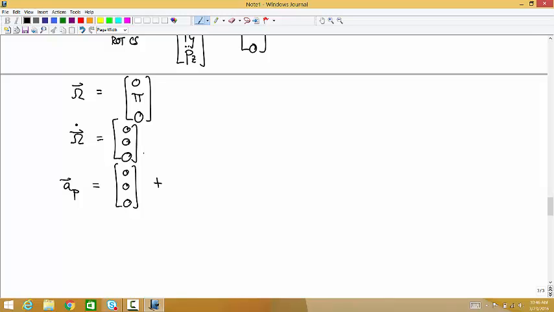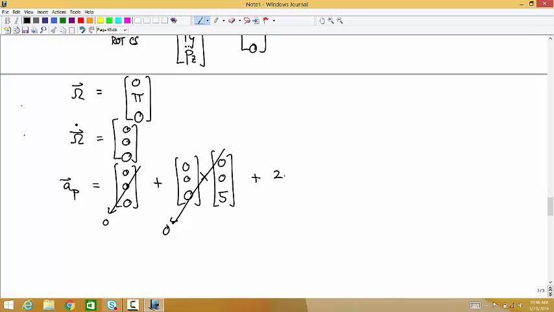Okay, so now capital omega dot is 0, 0, 0. And we take the cross product with the position vector. So this goes away. Then the third term is 2 times omega crossed with the observed velocity vector, which is 0. So that goes away.